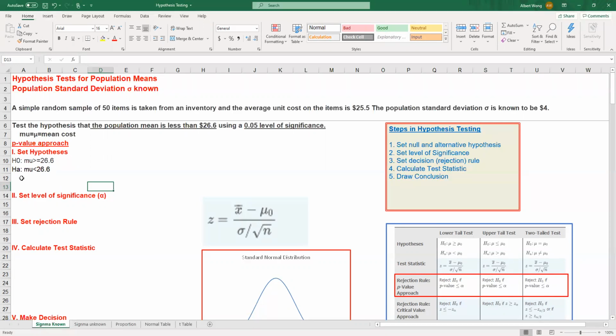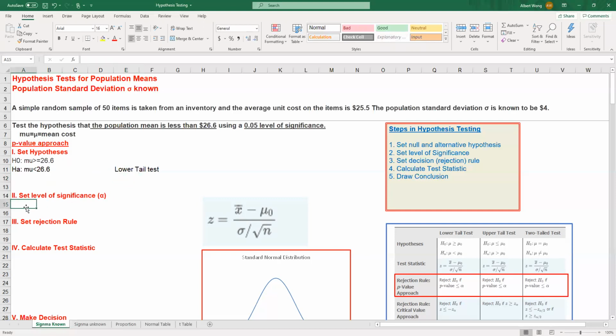But before we do that, let's make sure that we introduce the terminology. If the alternate hypothesis is less than, we call this a lower tail test. So this is a lower tail test, and we will tell you later on why this is useful.